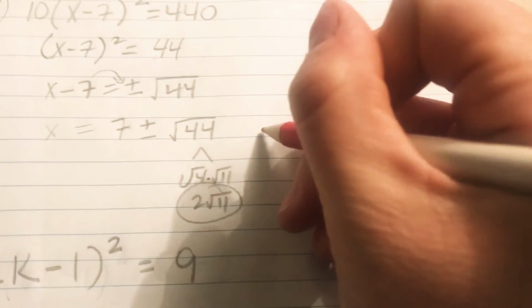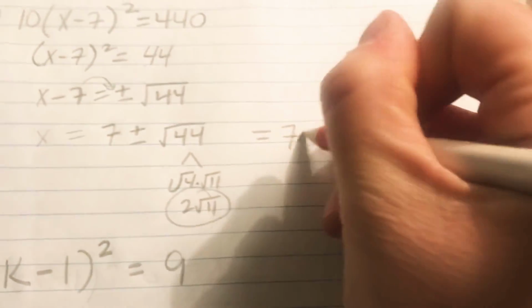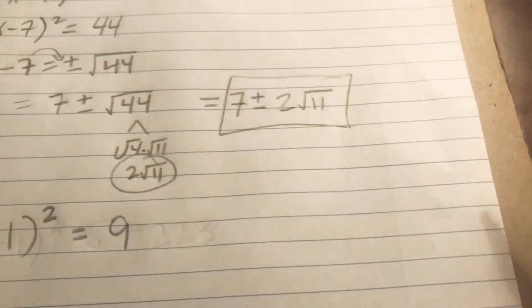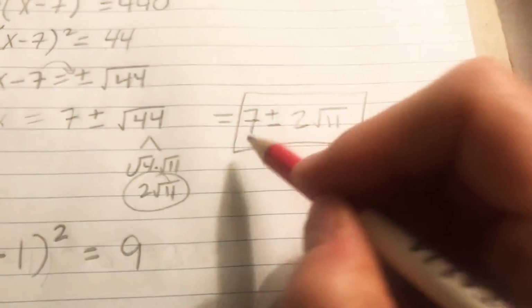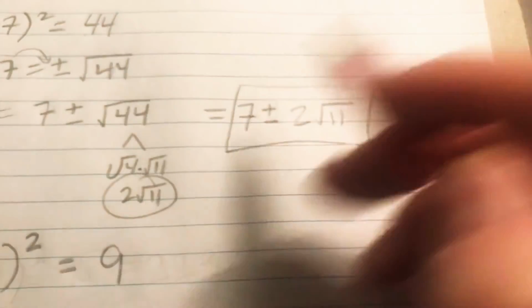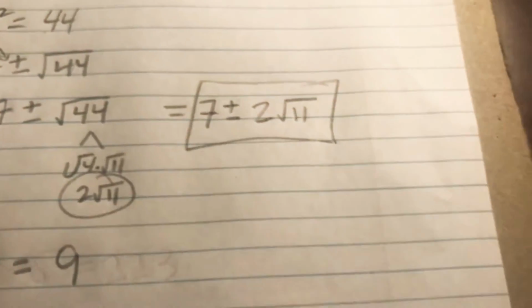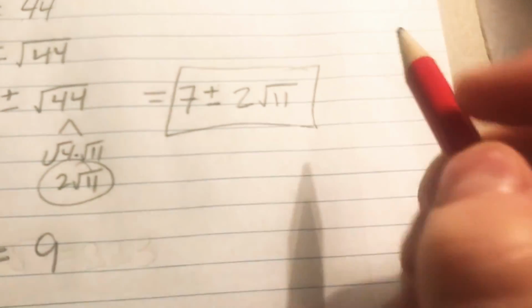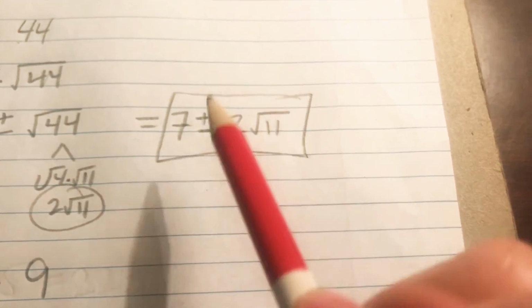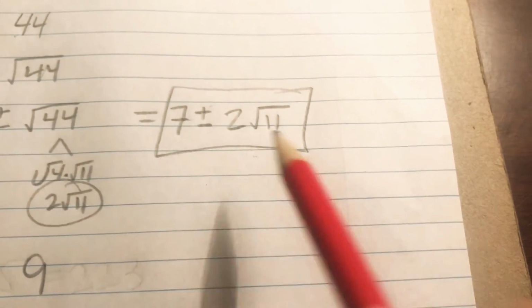You could just leave it as 7 plus or minus 2 radical 11. So that's 7 plus 2 radical 11, and 7 minus 2 radical 11. Right now you can leave it like that, or you could turn it into decimals if you prefer. We didn't have any answers like that in class yesterday.